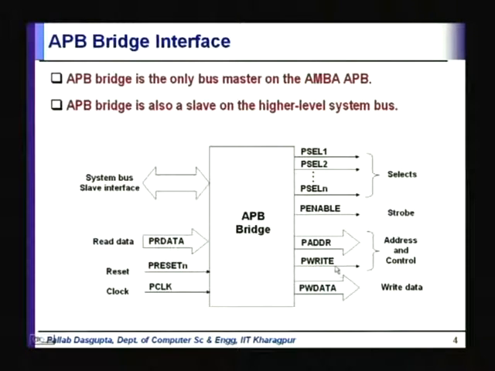So, this tells you whether the transaction is a read transaction or a write transaction, and this is the data bus. This data bus will be used to read when the transaction is read, and will be used to float the data when the transaction is write.